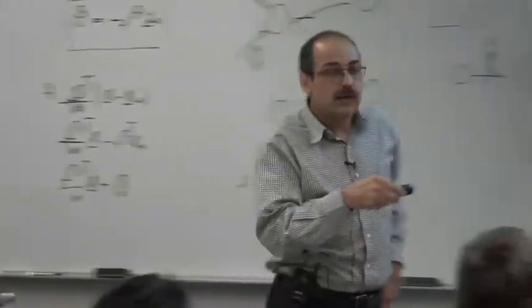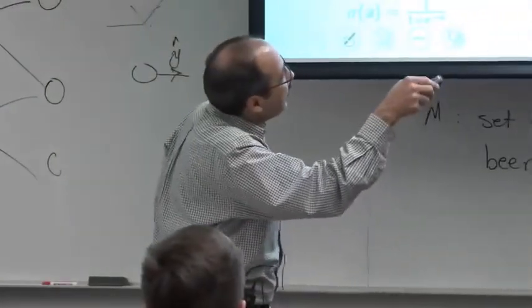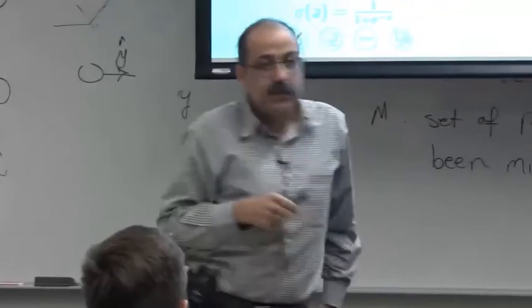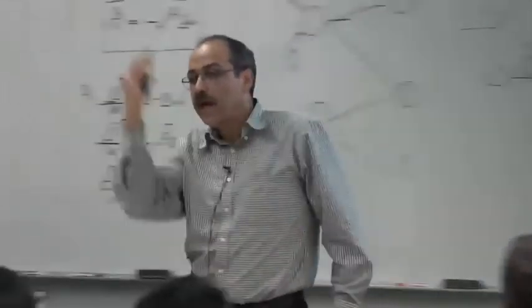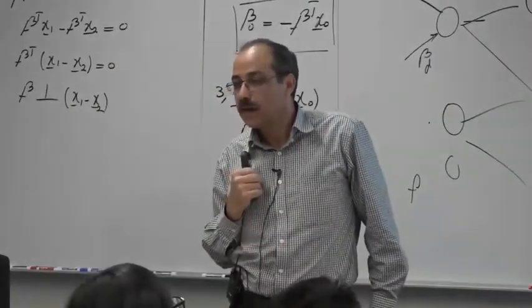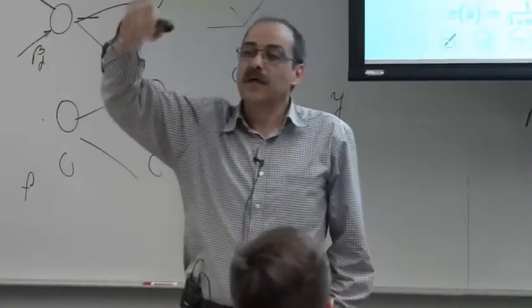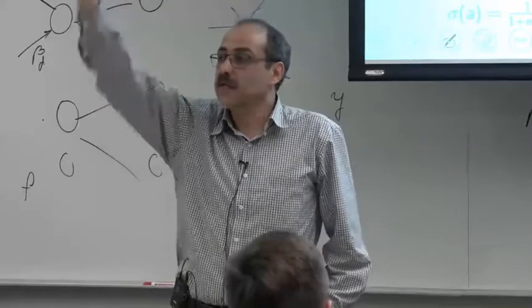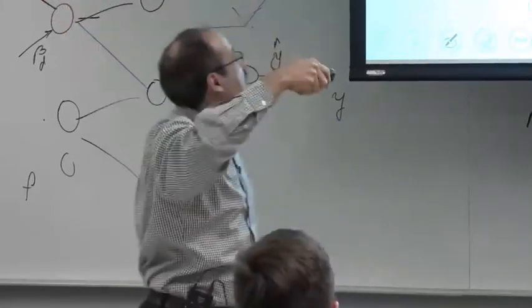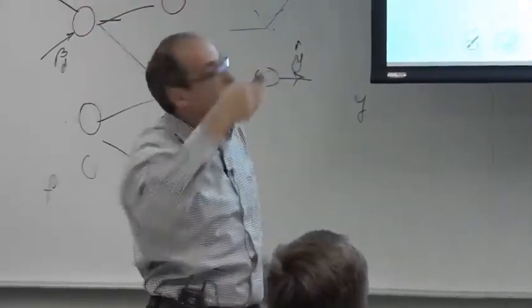Okay, so there are many layers here. Somewhere here I predict y hat, and then I want this y hat to be close to y. Let's go for the simplest cost function: my cost function is (y minus y hat) squared.